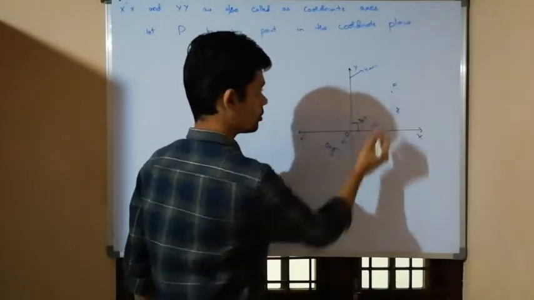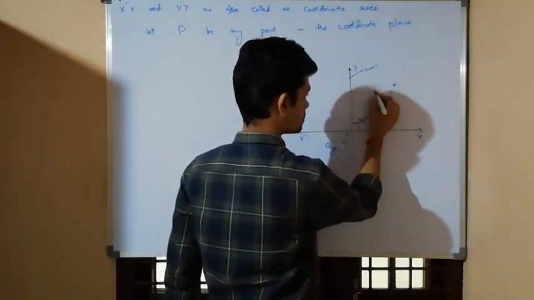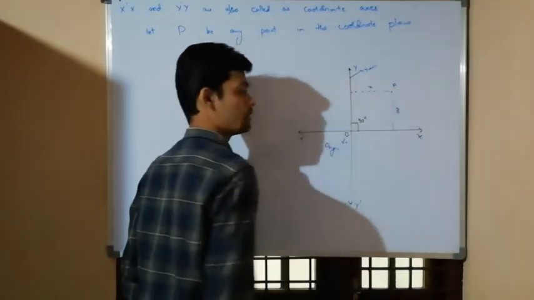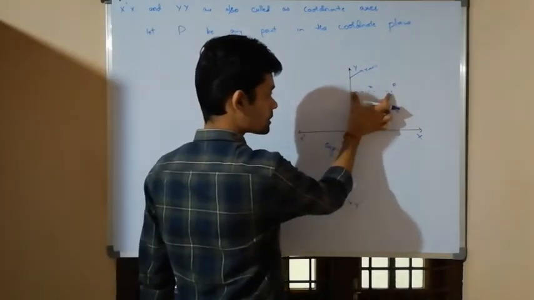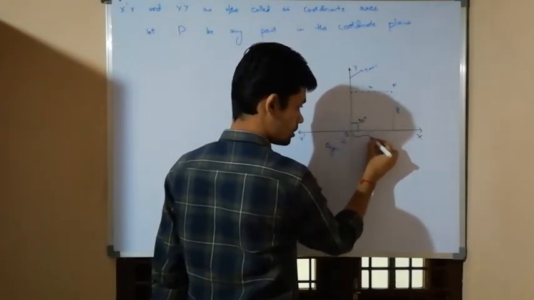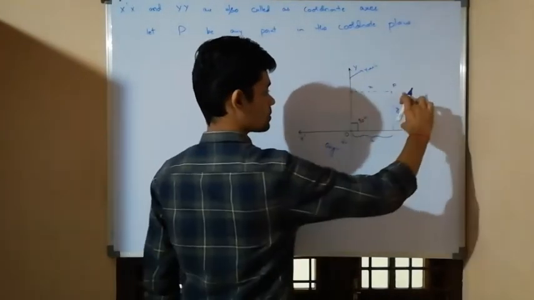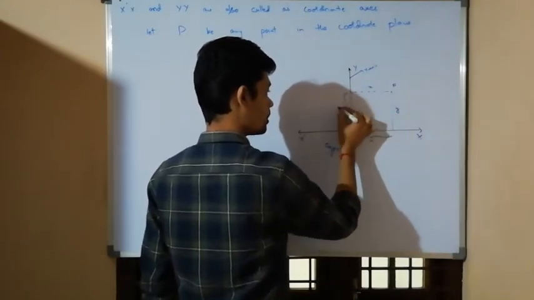The distance of the point P from the y-axis is taken as x. Since this one is parallel to this one, this distance will be x, and this distance will be y.